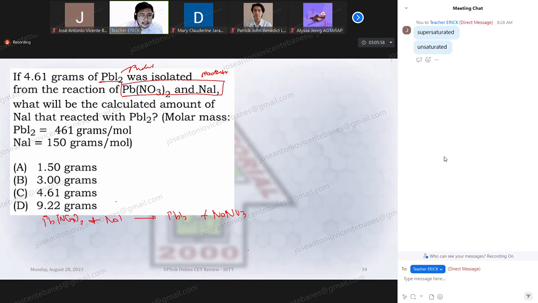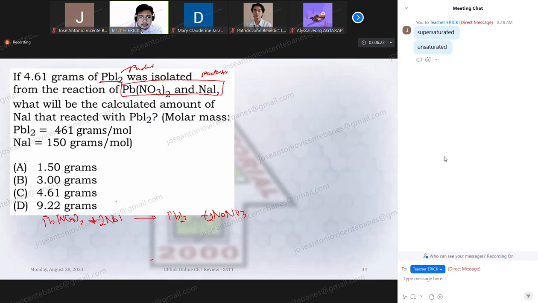Now, first balance the sodium. So, sodium is balanced, but iodide is not. So, this is 2. So, we have to multiply it by 2. So, sodium iodide must be multiplied by 2. Now, since there's 2 sodium here and 2 iodine here, iodine is balanced, but sodium is not. Then multiply the sodium nitrate by 2, and therefore, we will now have 2 nitrates and 2 sodium.